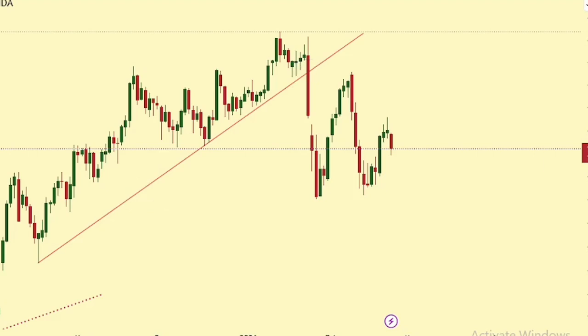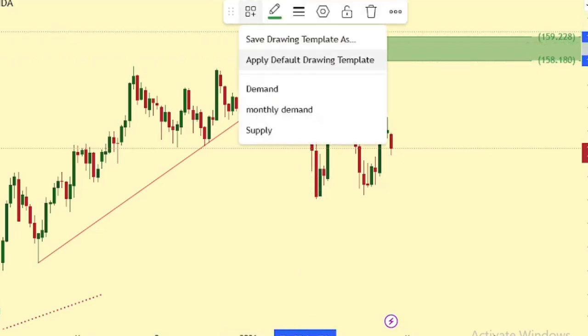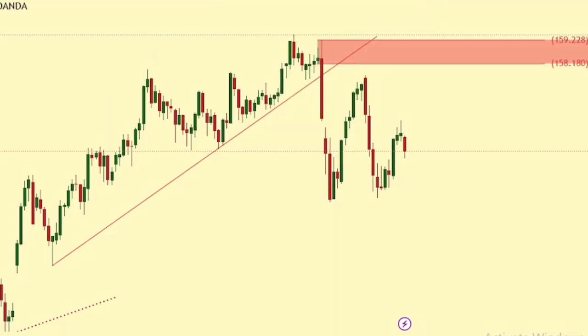Step 3, find the supply zone that remove the trend line. Now this na the key part. I no mark every supply zone. I only mark the one wey show intent.